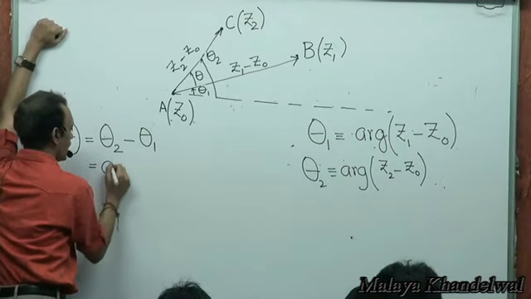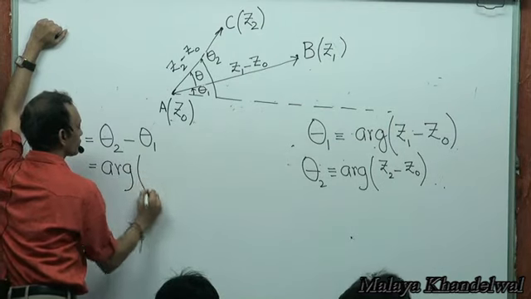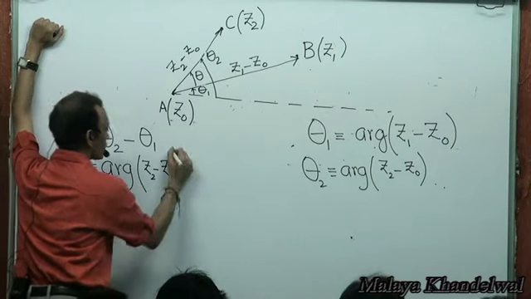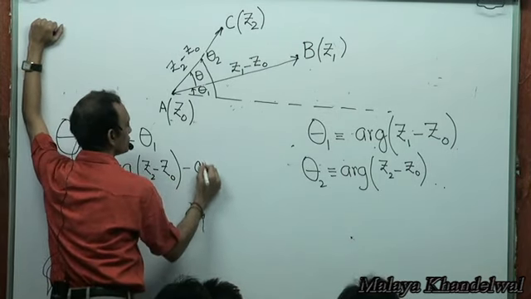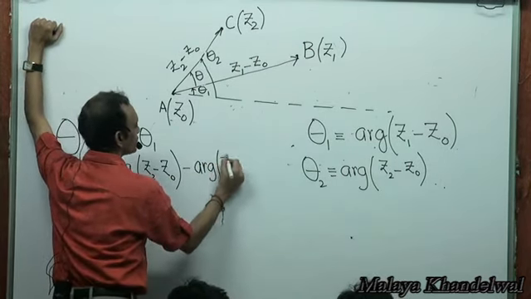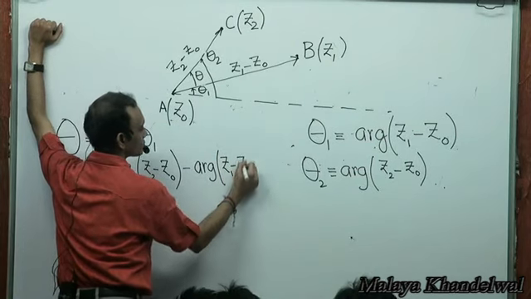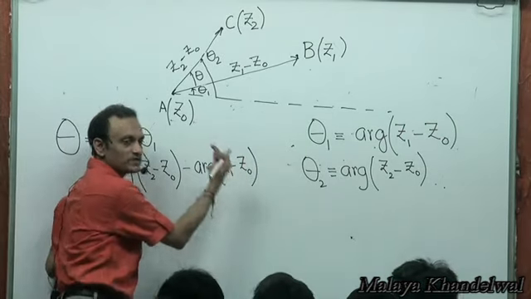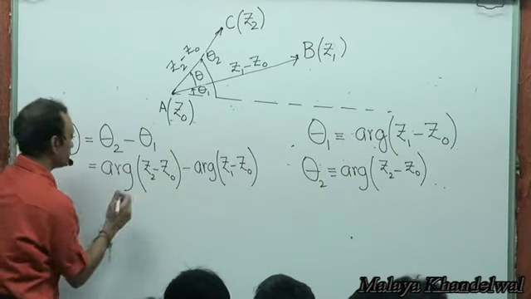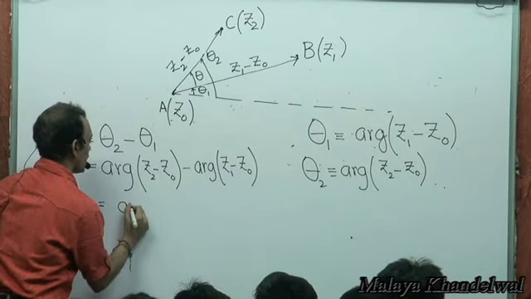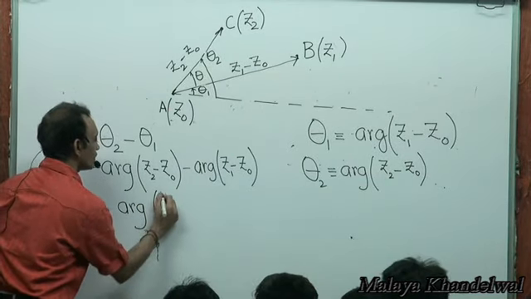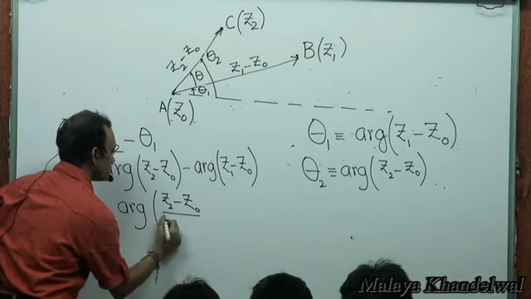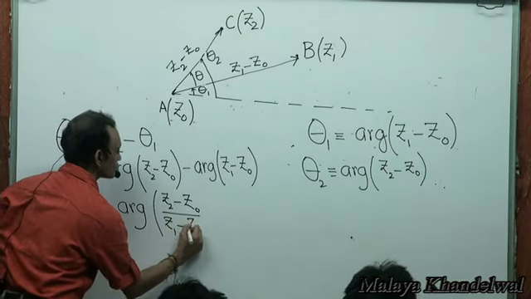Which is like argument of z2 minus z0 minus argument of z1 minus z0. Argument A minus argument B, which is argument A by B, right? So this is like argument of z2 minus z0 divided by z1 minus z0.